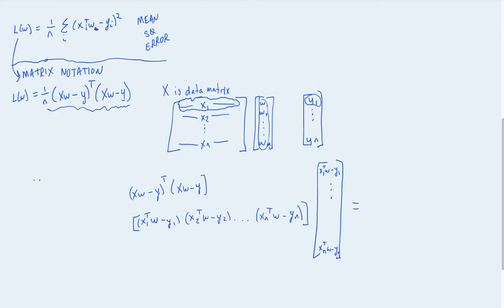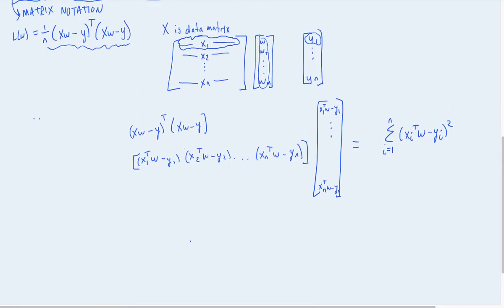And hopefully you can see that when we take this dot product, it's as if we were summing over all data points, taking xi transpose w minus yi, and squaring them. So hopefully you can see that, and that justifies this matrix way of writing a loss function.